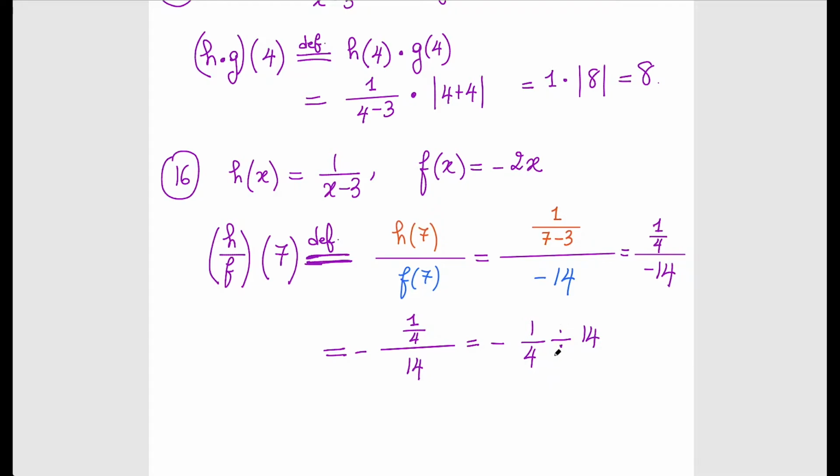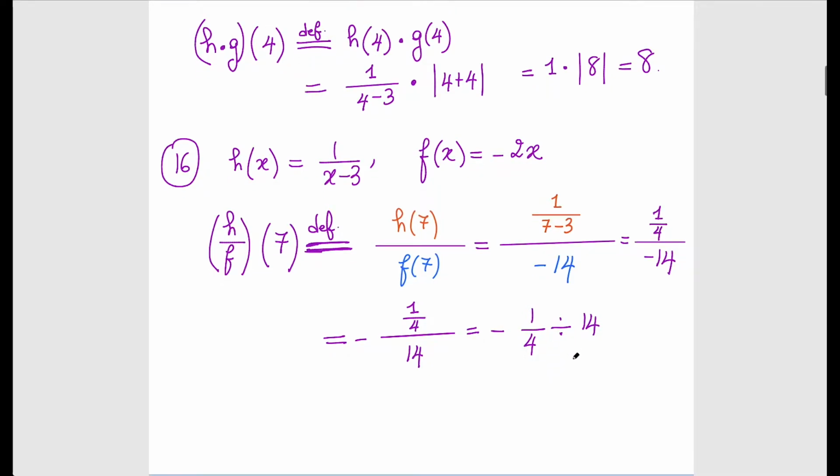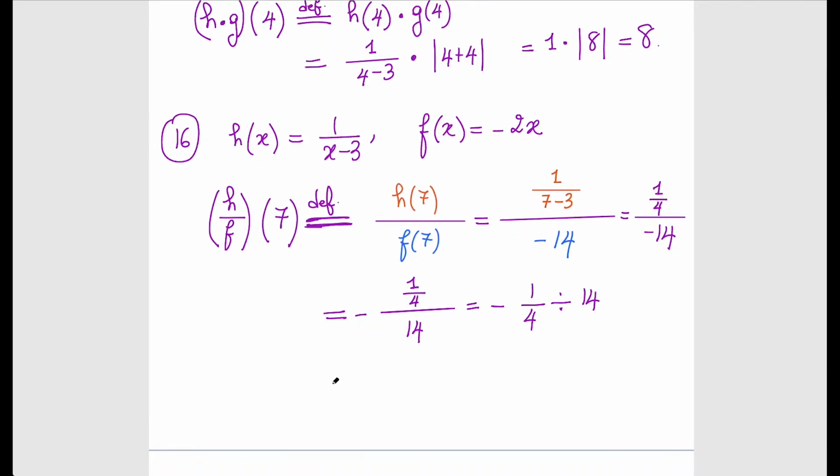Now, how do you divide by a number? Dividing by a number is the same thing as multiplying by the reciprocal of the number, the multiplicative inverse. So we get negative 1 over 4 times, and the multiplicative inverse of 14 is 1 over 14.